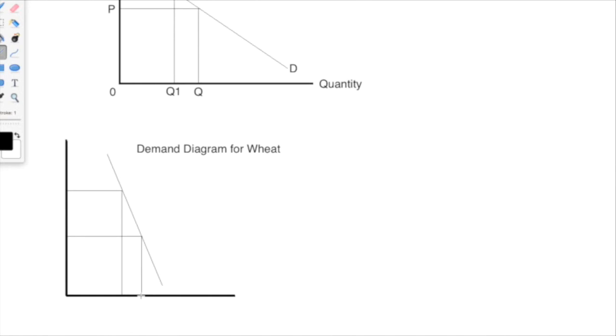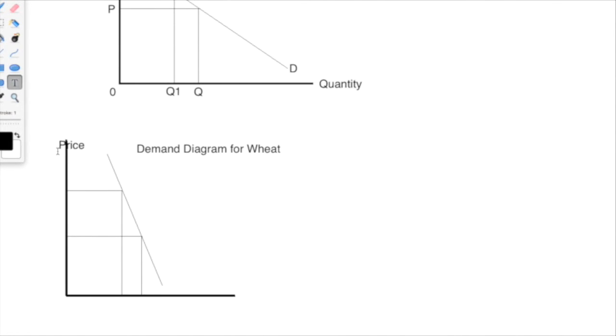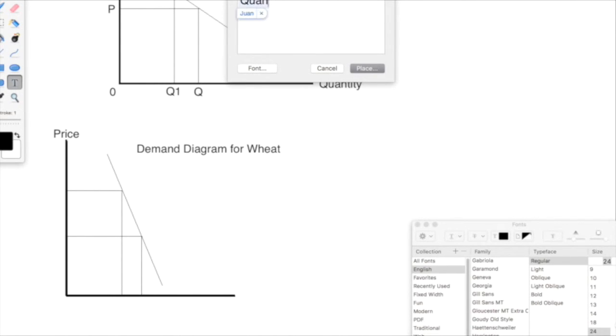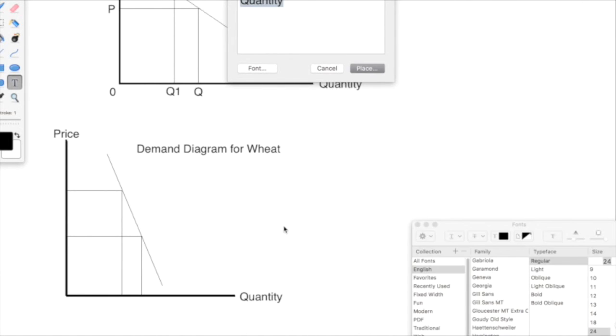Therefore, the demand for wheat becomes very inelastic, where we have a big change in price causing a small change in the quantity demanded. Let's finish this diagram properly. So we have price, we have quantity, and we can label, let's take P as the lower price.